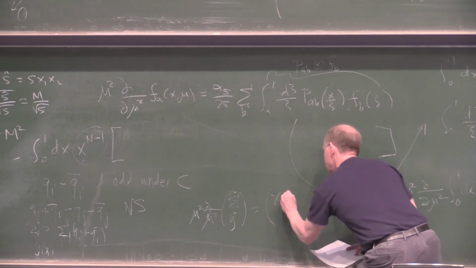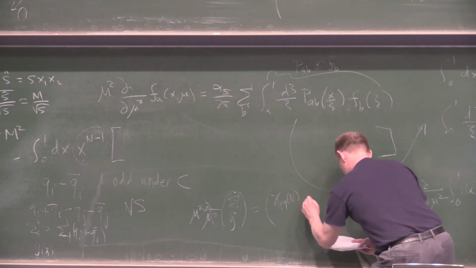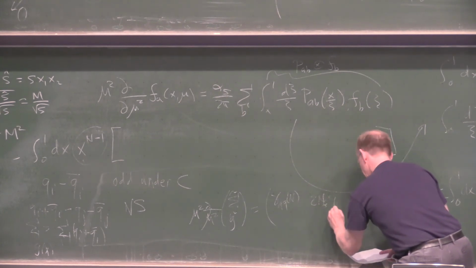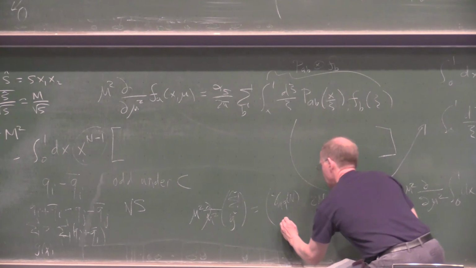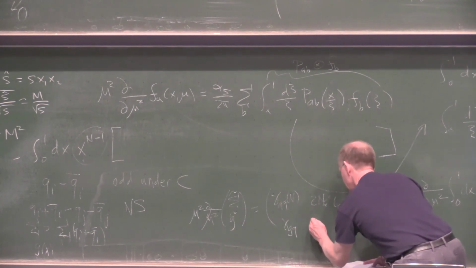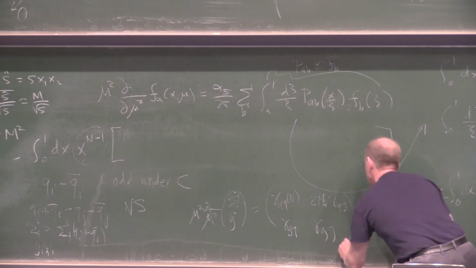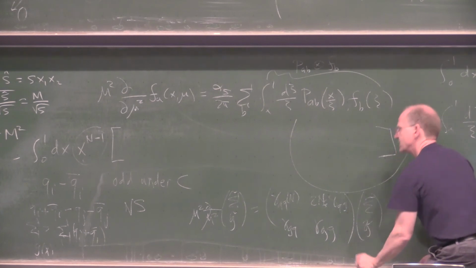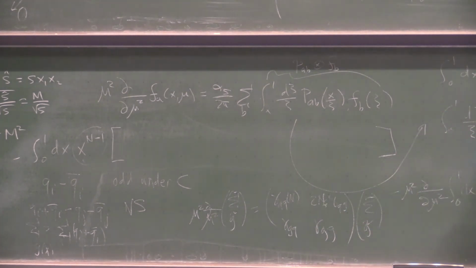Then there will be these gamma qq of n and 2nf gamma qg, gamma gq, and gamma gg. So this part stays as a 2x2 matrix, but you can diagonalize it and compute its eigenvalues if you need to solve this evolution equation.